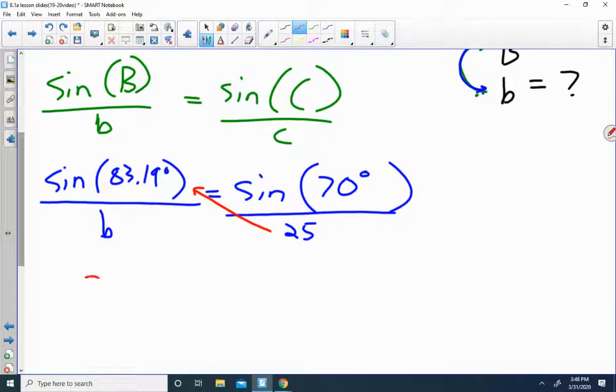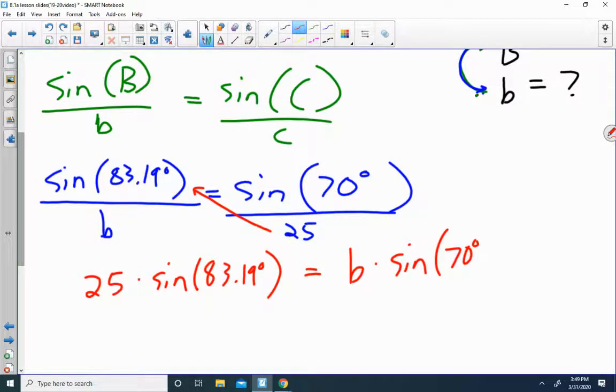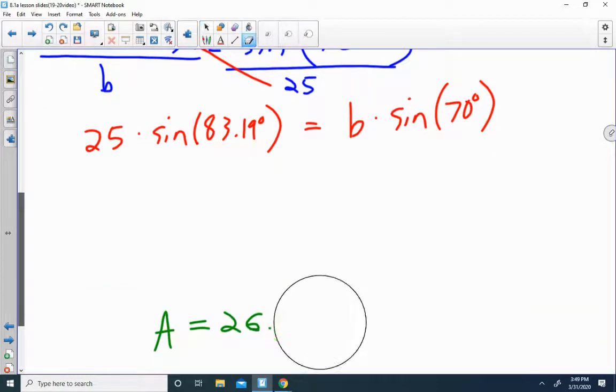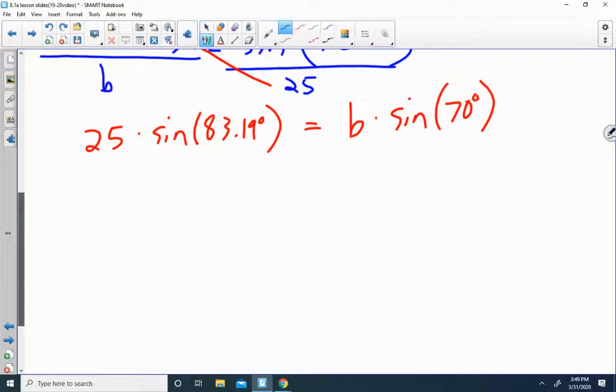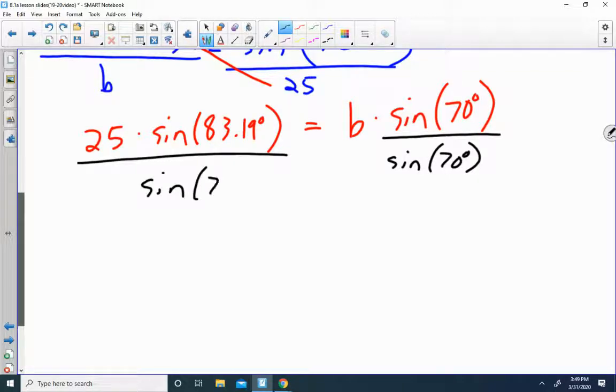Cross multiply. 25 times sine of 83.19 degrees. That's going to be equal to b times sine of 70 degrees. All right, where was I?